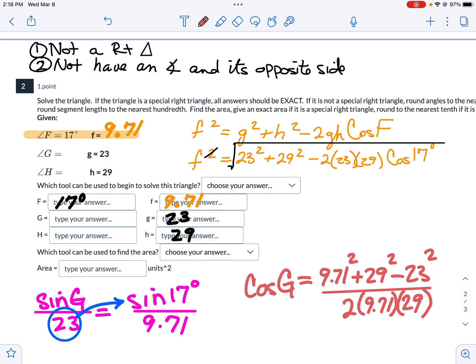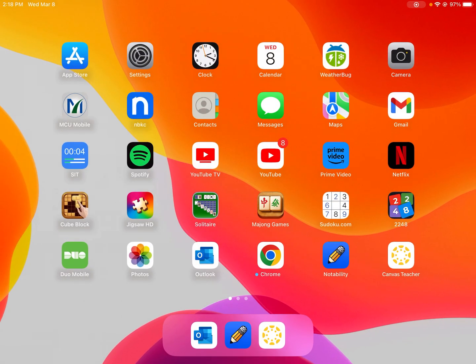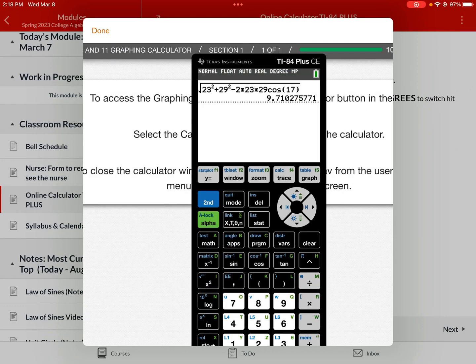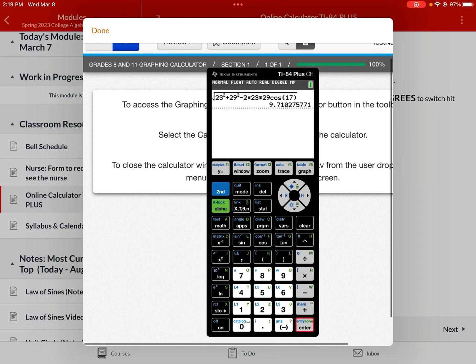So I can either go to my calculator and go second sine of this fraction, and it would be 23 sine of 17 divided by 9.71.